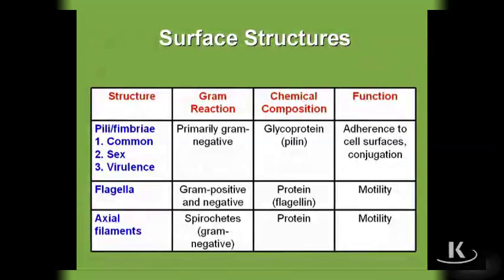Okay? Now, axial filaments are specific for spirochetes. And the way you want to think about axial filaments, think about a spiral-shaped organism. So you've got this little kind of corkscrew-like organism. The axial filaments help that corkscrew-like bacterium actually move and have that kind of corkscrew-like motion.